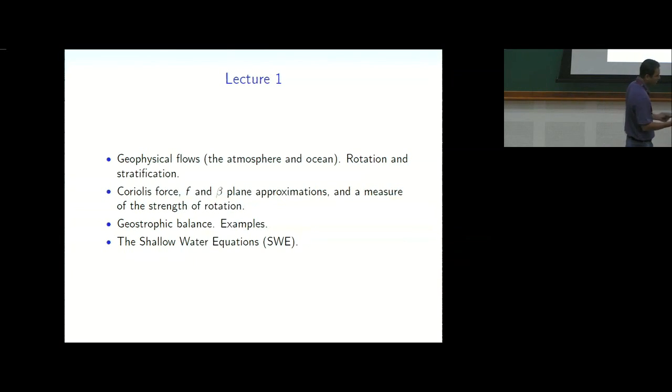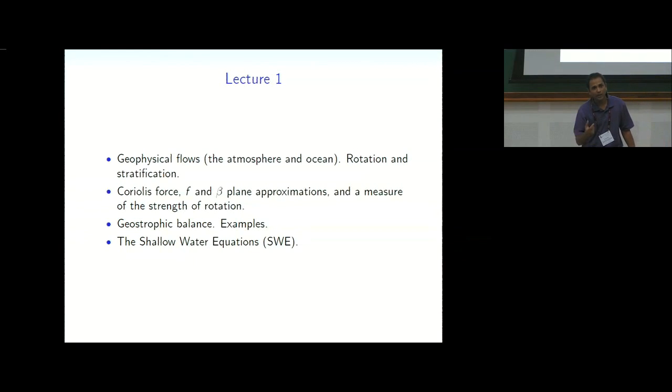Once we have this, we'll basically say that we'll have to settle on a set of equations to work with. We could use a very general set of equations, but what I will use throughout these lectures is something known as the shallow water equations, which are the first thing that you use in geophysical fluid dynamics to explore any phenomenon that one comes across.